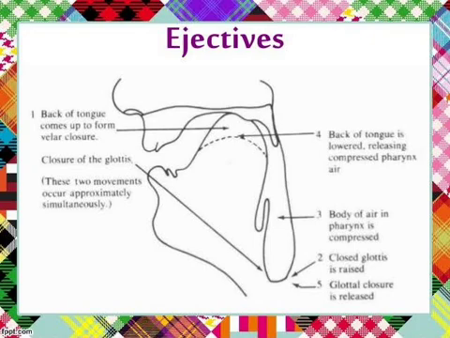We now turn our attention to the stages of production for ejectives. We will illustrate this with the velar ejective, which is the most common ejective in the languages of the world. The first stage when an ejective is produced is for two closures to form more or less simultaneously.